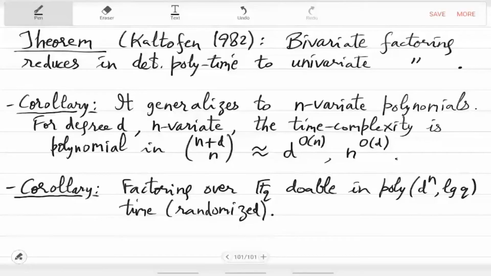But the same cannot be said for other fields, because you don't know even univariate factorization for other fields. So those things we will now focus on. One is, could we improve?